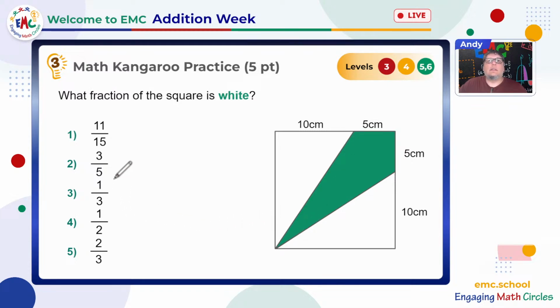Okay, well, it's not too bad if you remember the area of a triangle. What's the area of a triangle? Base times height over 2.